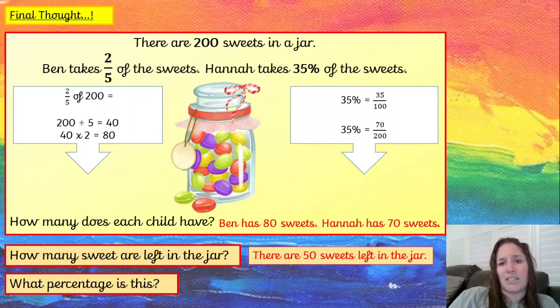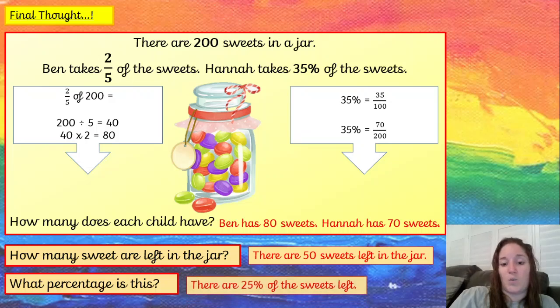What percentage is this? So there's 50 sweets left, but there were 200. What percentage is that? Okay, so 50 can go into 200 4 times. So that's 25%. There's 25% of the sweets left.